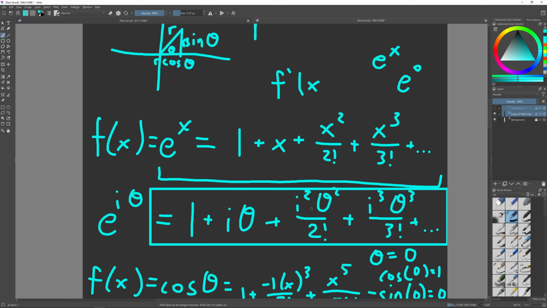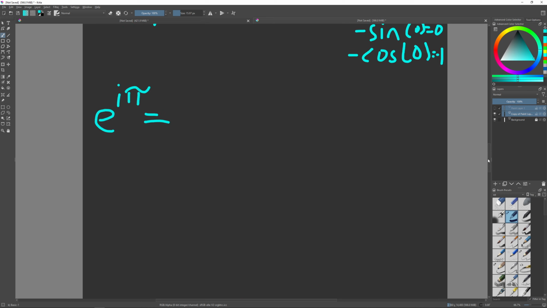So this is the formula here. 1 plus x squared over 2 factorial plus x cubed over 3 factorial, etc. So 1 plus x, which is I pi, plus x squared over 2 factorial, so I squared pi over 2 factorial.